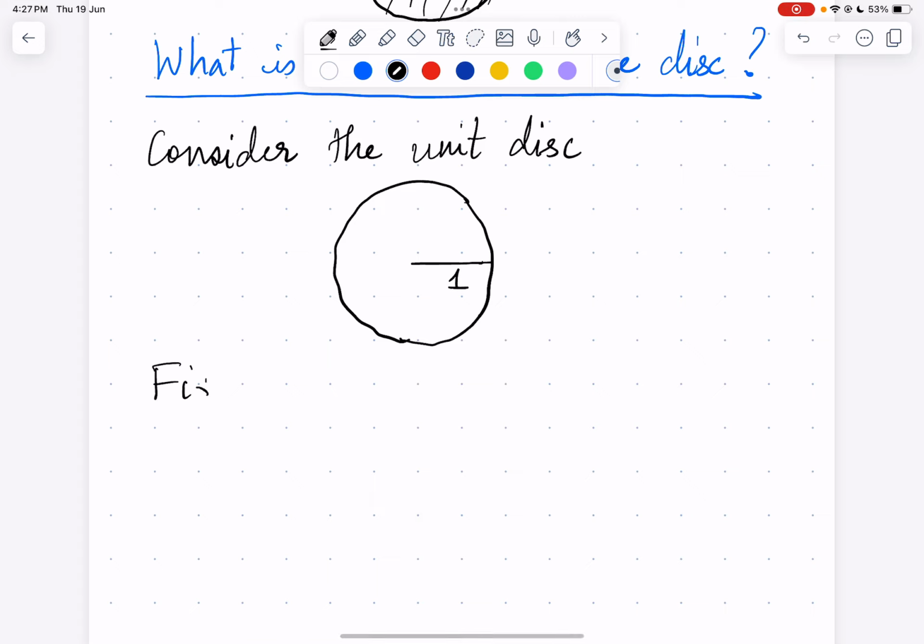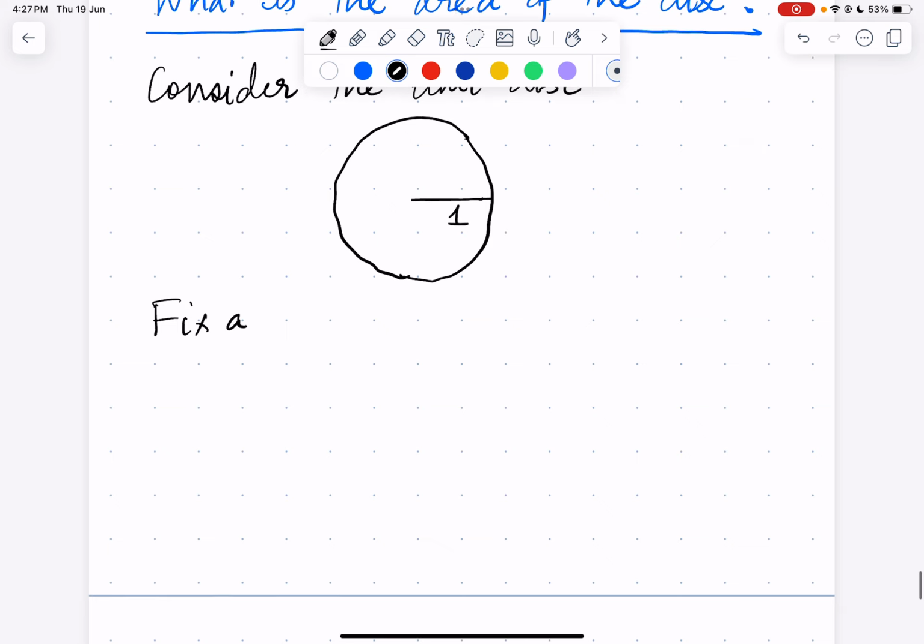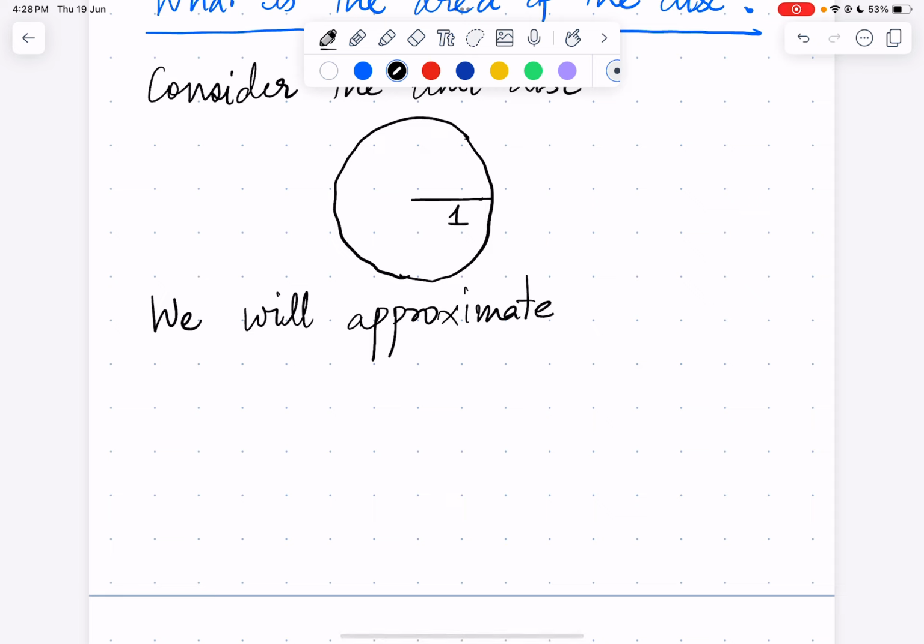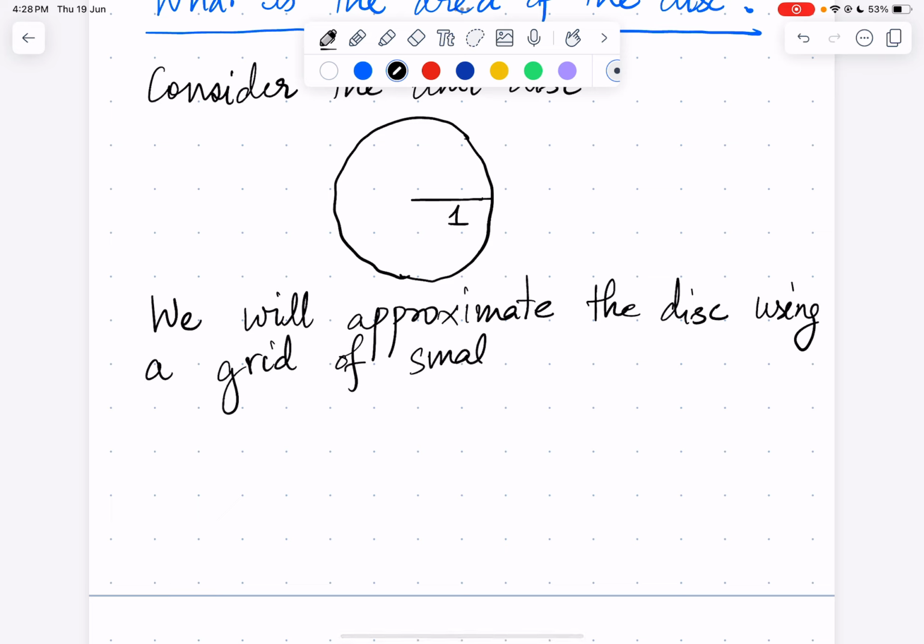Now, we will approximate this disk using small boxes, using a grid of boxes.